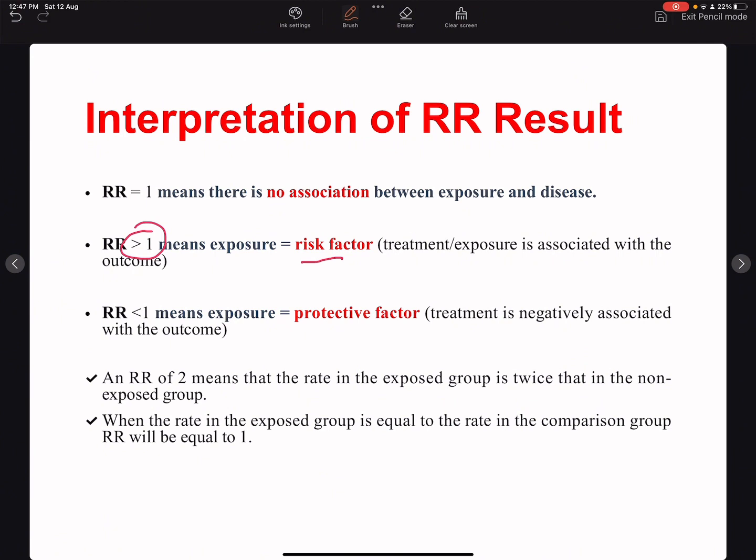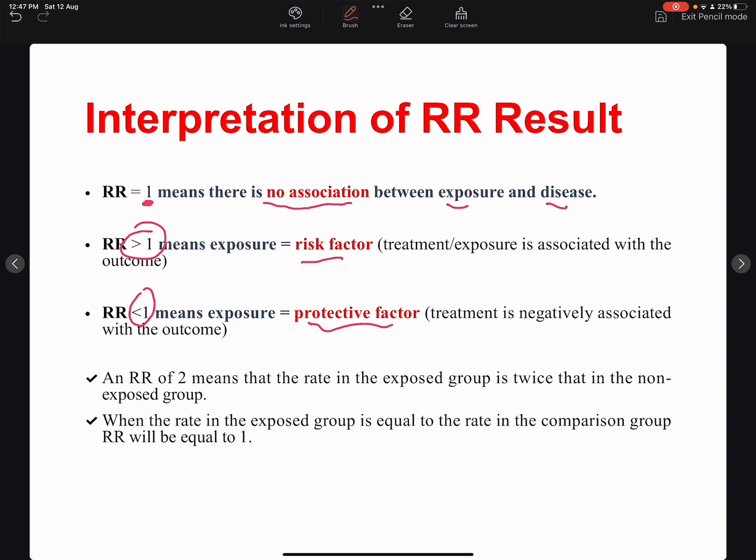But if we have an answer equaling 1, that means there is no association between the exposure to perfume and allergy. If the relative risk we got was less than 1, that means the exposure to perfume is a protective factor against allergy.